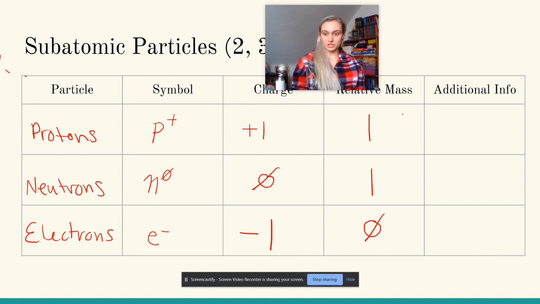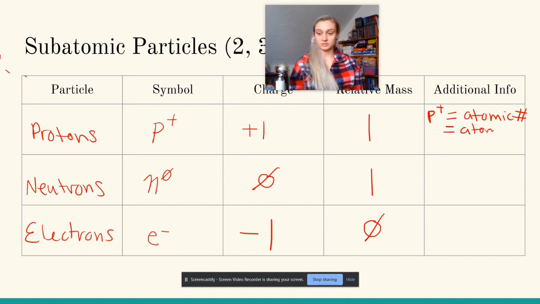So I wanted to mention, remember, protons equal the atomic number, which is equal to the atom's identity. Oh, barely got it in there. So protons are equal to the atomic number, and the atomic number determines what element we're talking about.